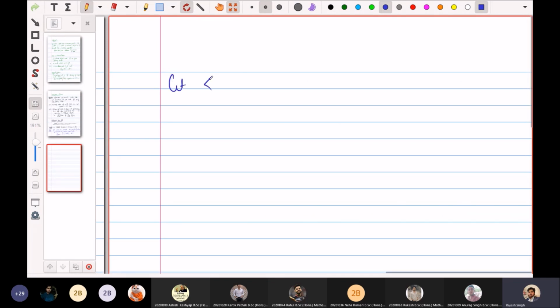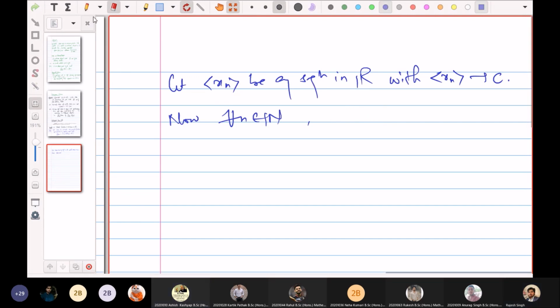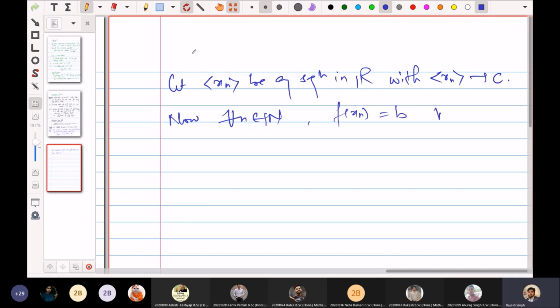So let xn be any sequence in R with xn converging to c. Now for all n belonging to N, what is f of xn? f of xn is equal to b, right?